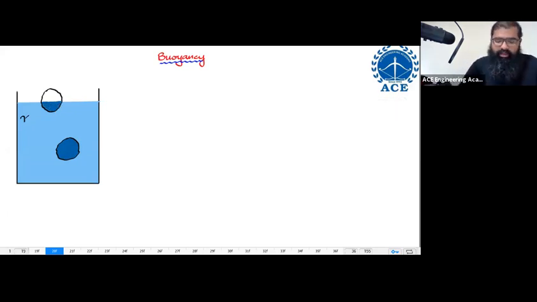Now, in either of these cases, the body is displacing some volume of the fluid.